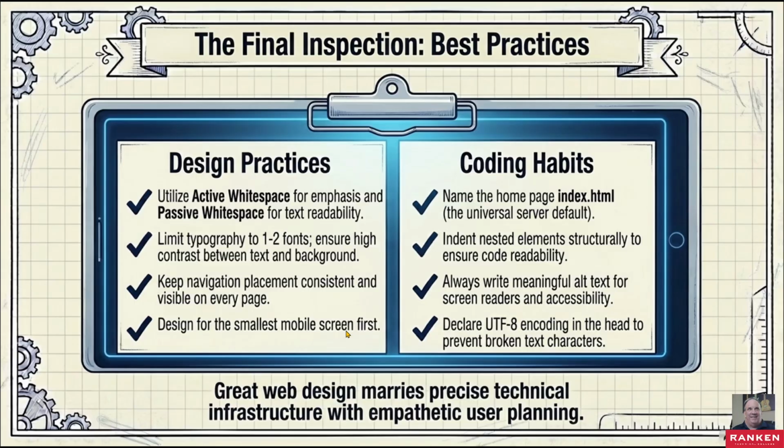Coding habits, name the homepage index.html. So that's very important, especially later on when we create our web portfolio, we're going to deploy that on GitHub pages, which is called GitHub.io.